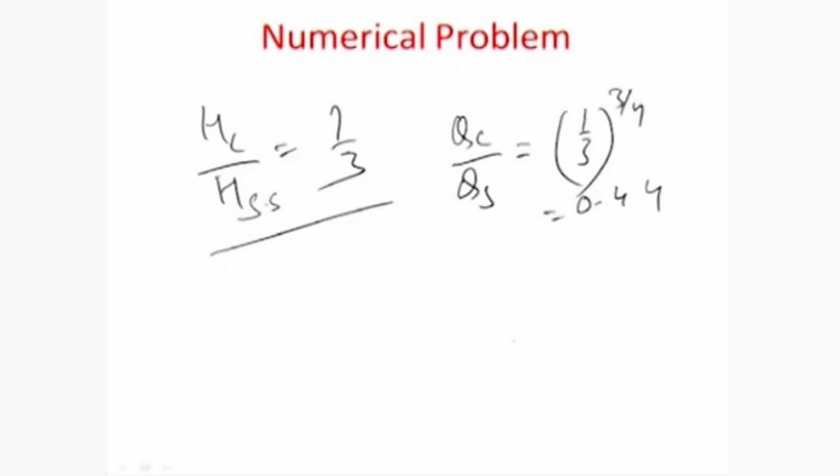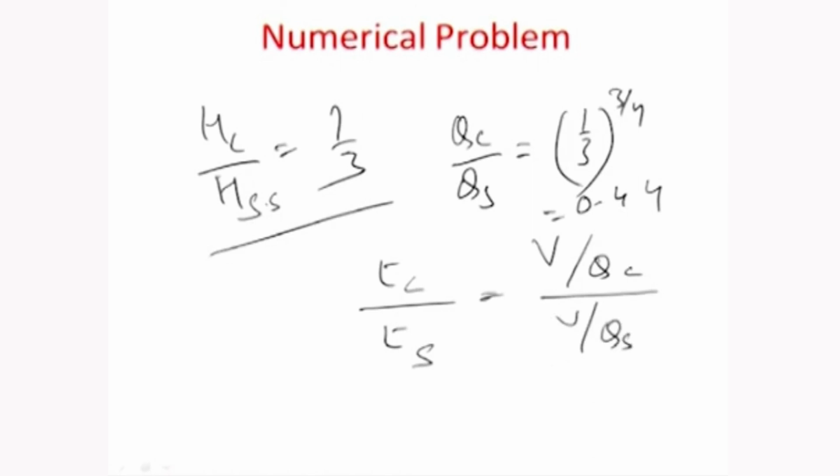So we can easily say that the time of machining when the tool is changed from copper to stainless steel is basically equal to the total volume that you want to machine using the material removal rate of copper by the same volume by the material removal rate in case of steel, which is actually QS by QC, and this is 1 by 0.44, about 2.27.